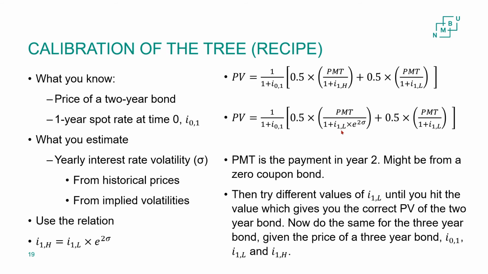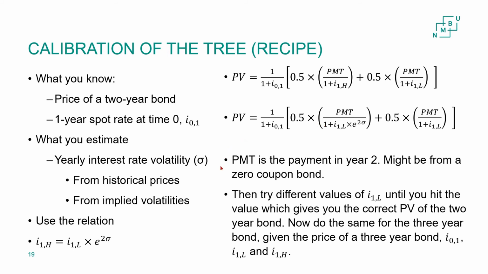You can guess systematically the value of this unknown interest rate such that the present value of your bond matches the present value or the price of the bond in the market. Okay? And this is why it's quite beneficial to use zero coupon bonds, because then you only have one certain payment at one time in the future. Okay?